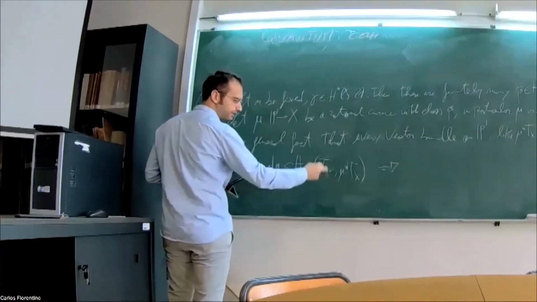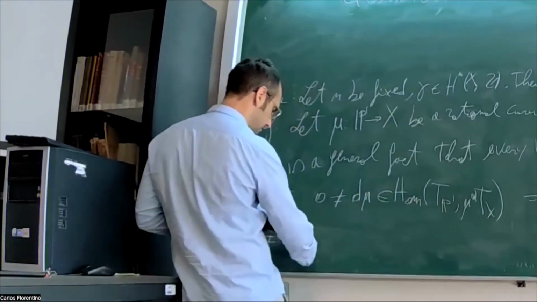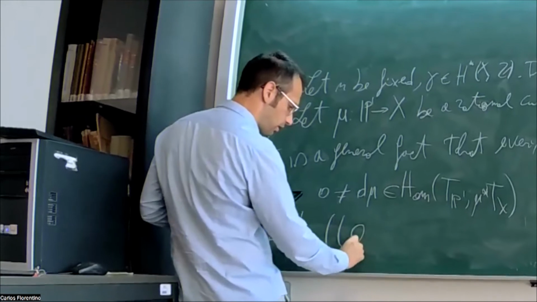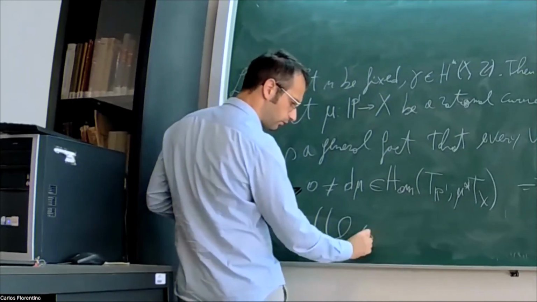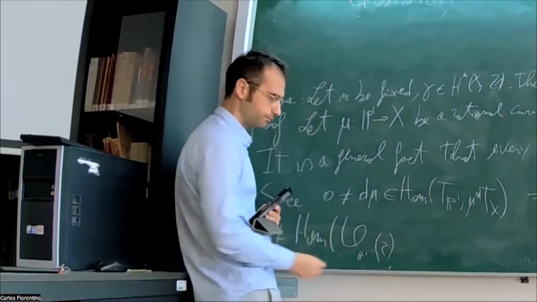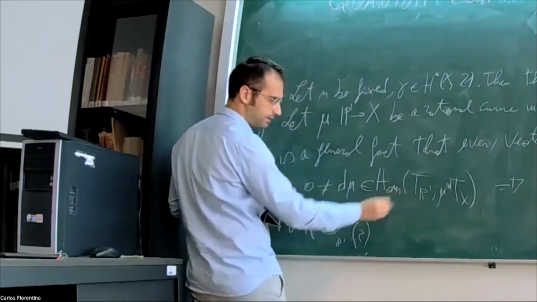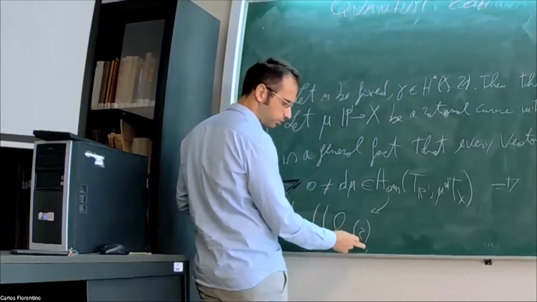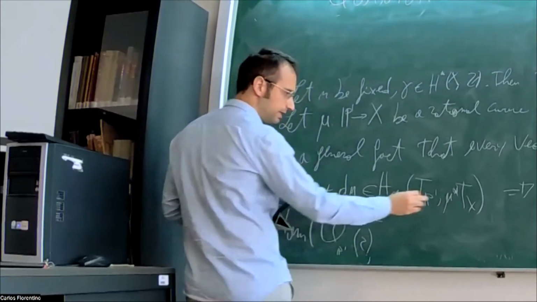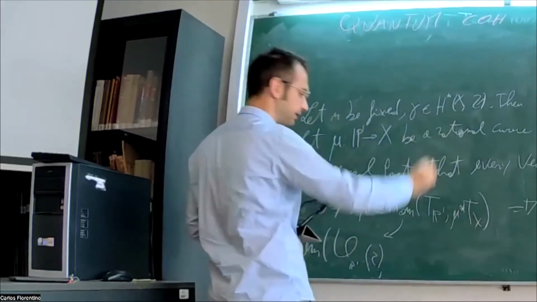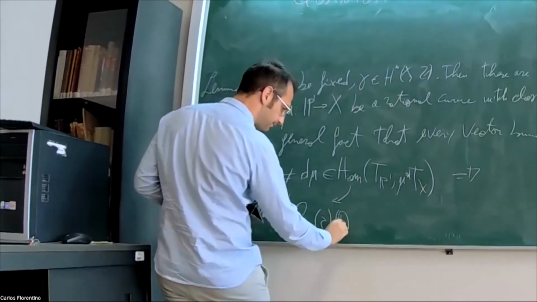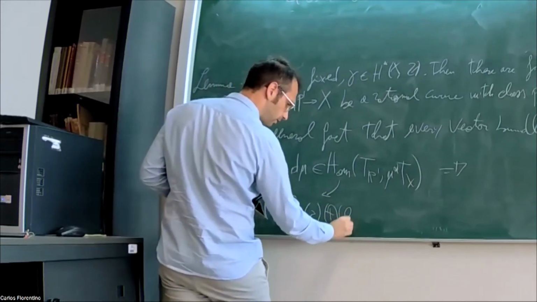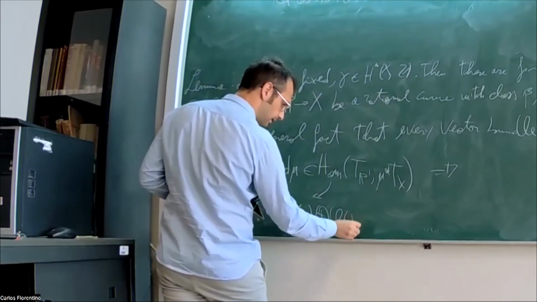But we know what this is: the tangent space of P1 is O_P1(2), and this is a subbundle of the direct sum of O_P1(lambda_i).